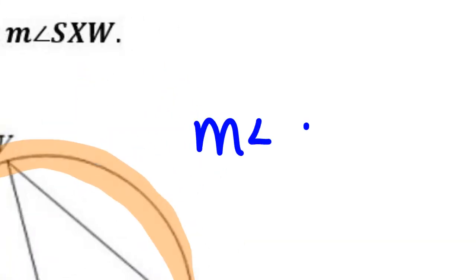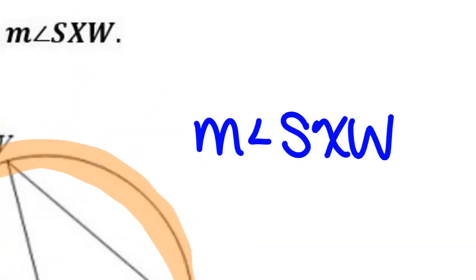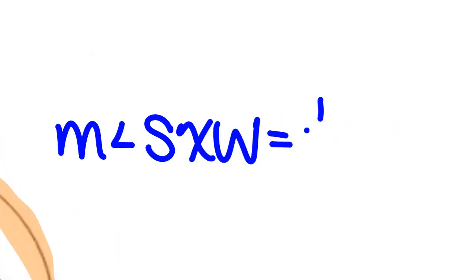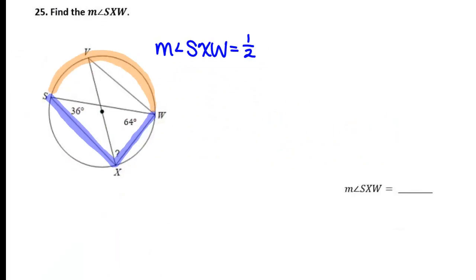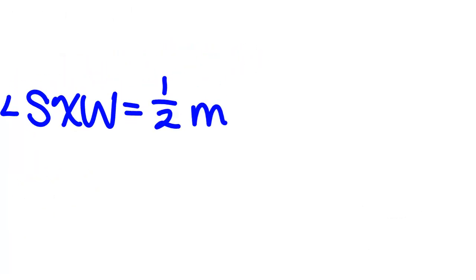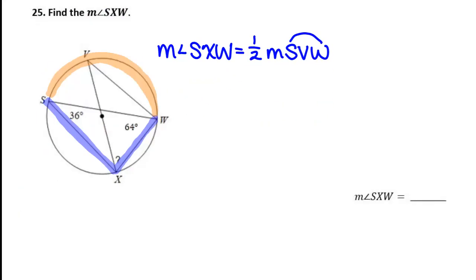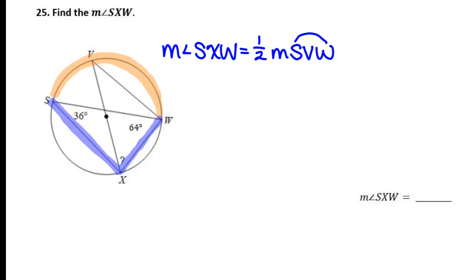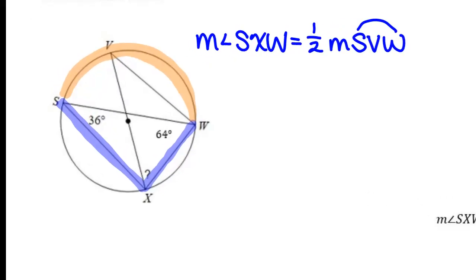Measure of angle SXW is half the measure of arc SVW. The angle is half the arc. Okay, so let's see if I can figure out how big that arc is.